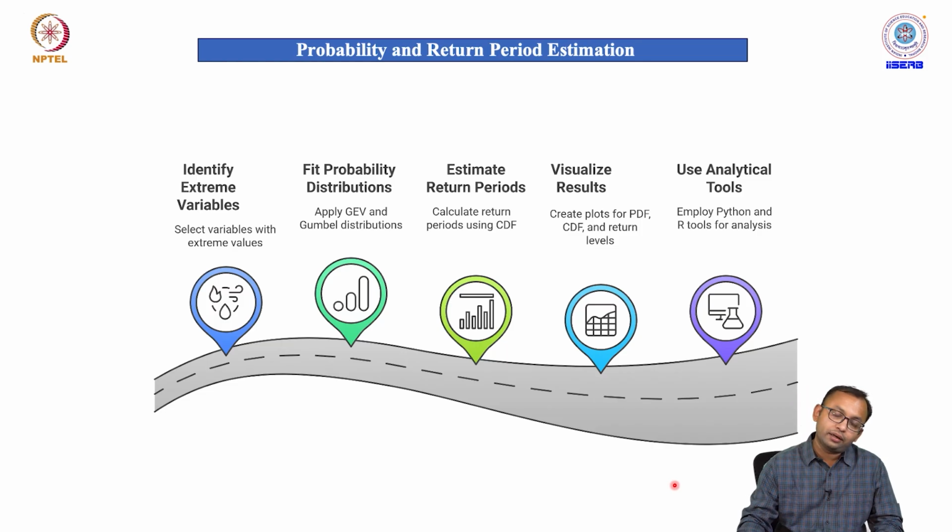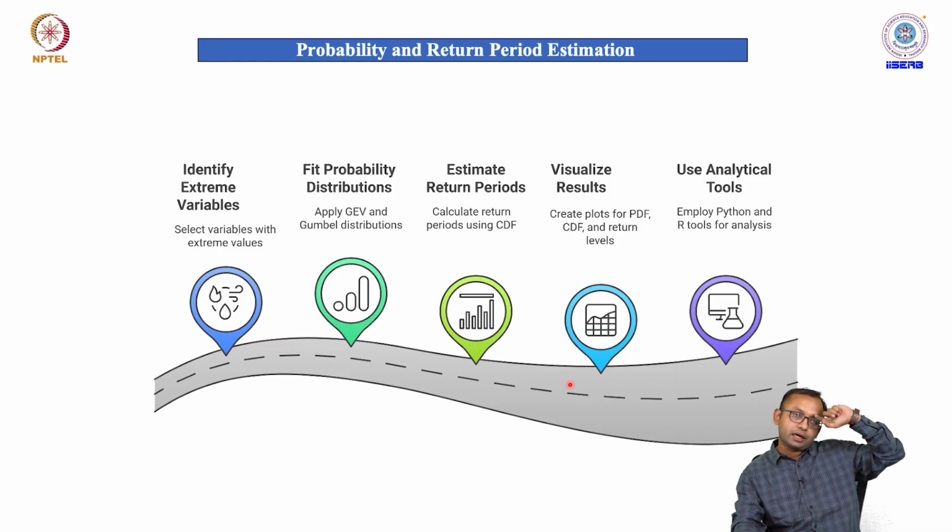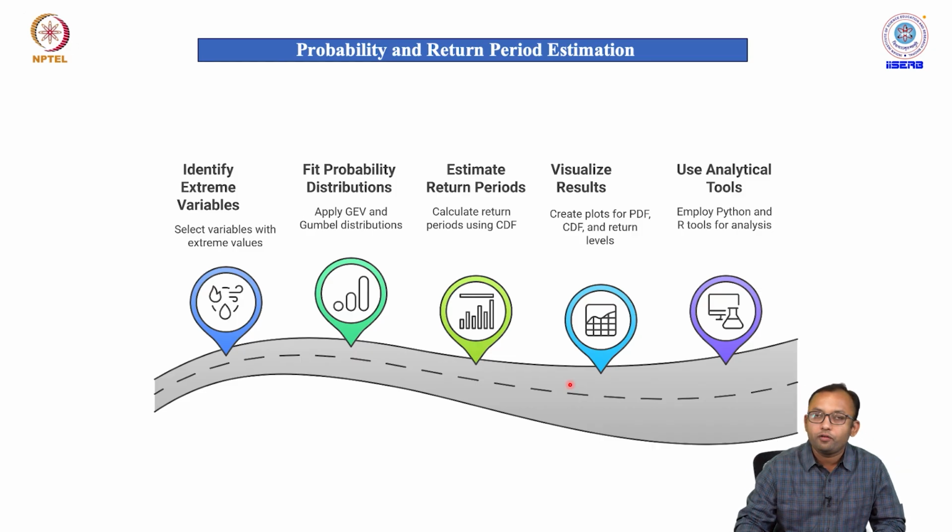Then there is another analysis we can also plan, which is probability and return period. Why is it important? Let us say you are interested in probabilities, in extreme value magnitude, in how frequently a particular climate extreme occurs at one particular location. So you have to identify the climate extreme variables, select variables with the extreme values, then start fitting probability distribution functions.